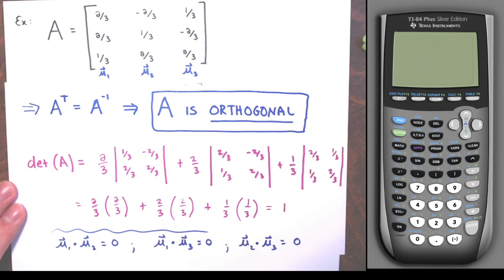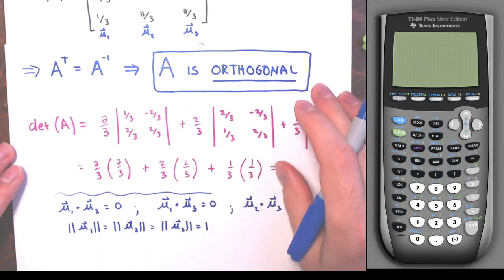And the norm of every single one of these vectors, the dot product of every vector with itself is 1. And the norm of every vector, which again you can verify for yourself, is 1.